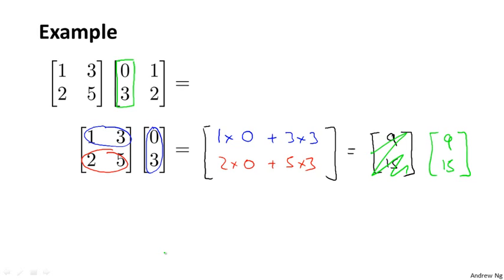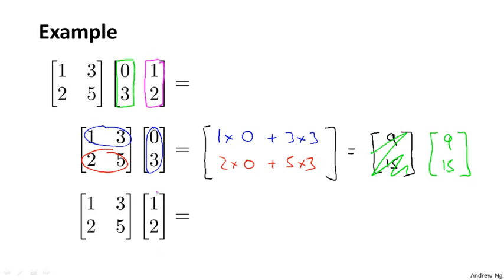And then next, I'm going to pull out the second column of this and do the corresponding calculation. So that's this matrix times this vector [1 2]. Let's also do this quickly. So that's 1 times 1 plus 3 times 2. So just that was that row.